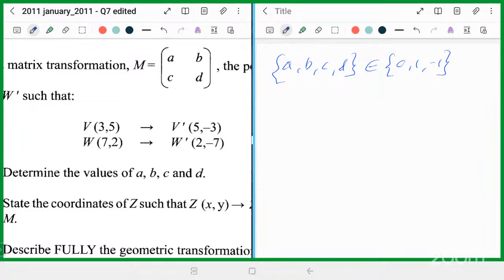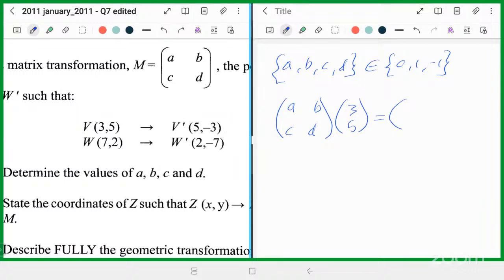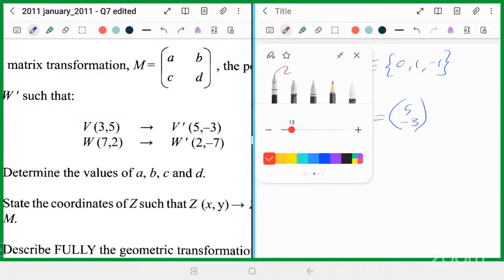Know that, right? So I'm going to set it up. The matrix A, B, C, D times the matrix for V, for example, which is 3, 5, is going to be equal to the matrix for V prime, which is 5, -3. It means then the equality of matrices method can be applied.